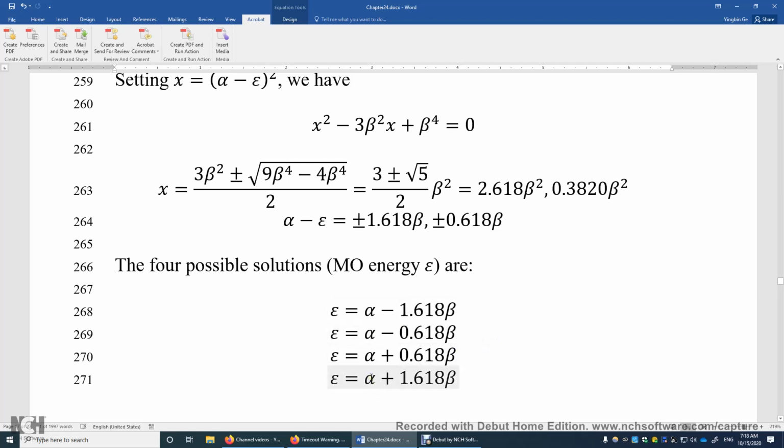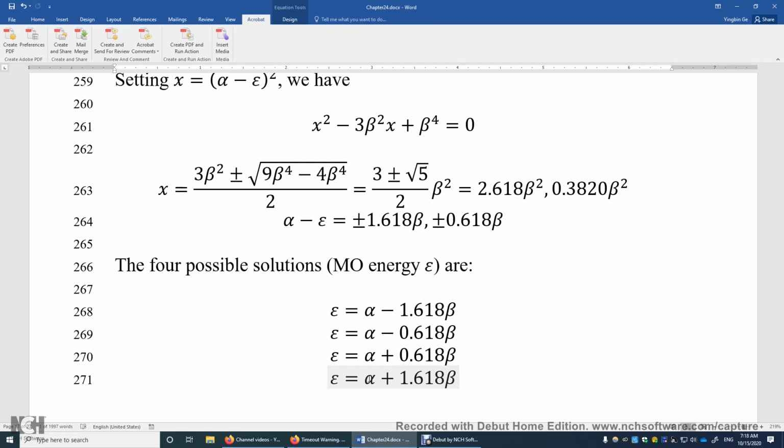Alpha is the 2p atomic orbital energy in a free carbon. So alpha is a negative number. I think alpha is negative 10 electron volts, roughly. If you look up the ionization energy of carbon, it's positive 10 electron volts. That means it takes some external energy of 10 electron volts to promote this electron from an atomic orbital with negative 10 electron volt energy to 0 electron volt.